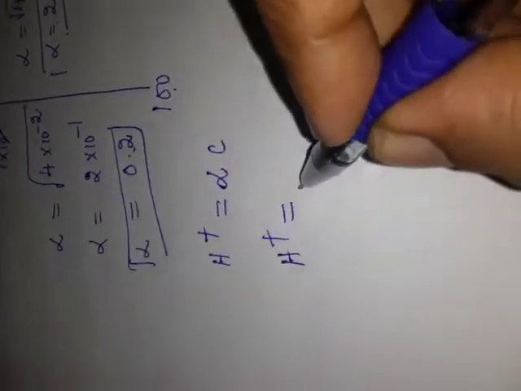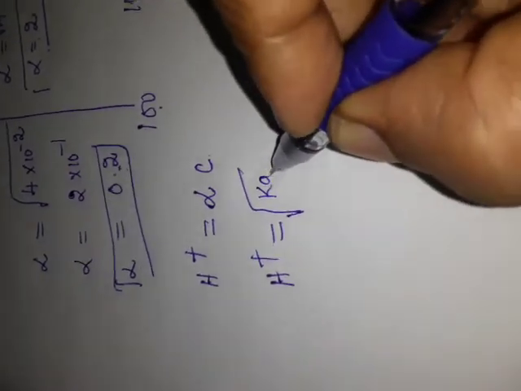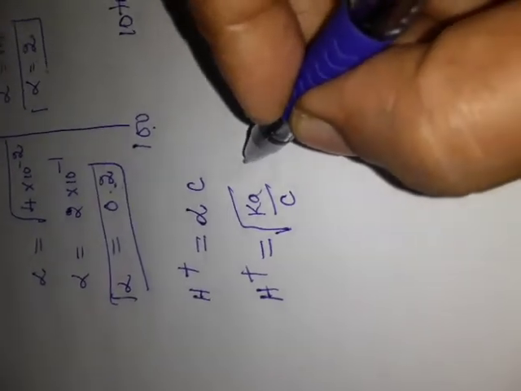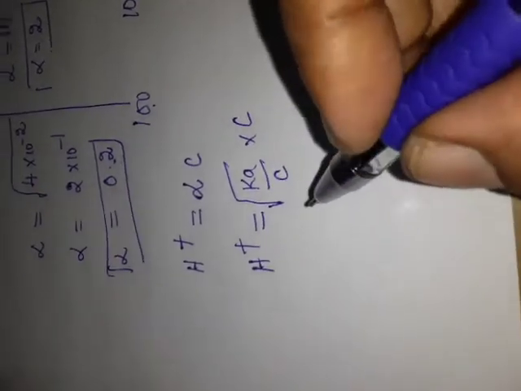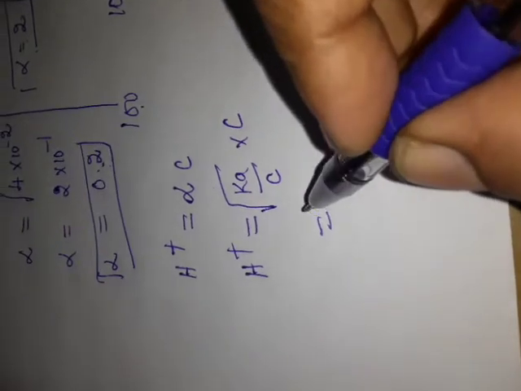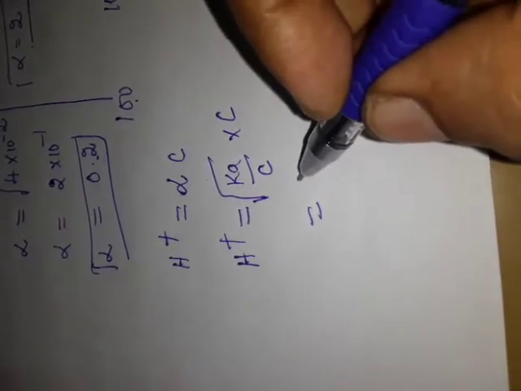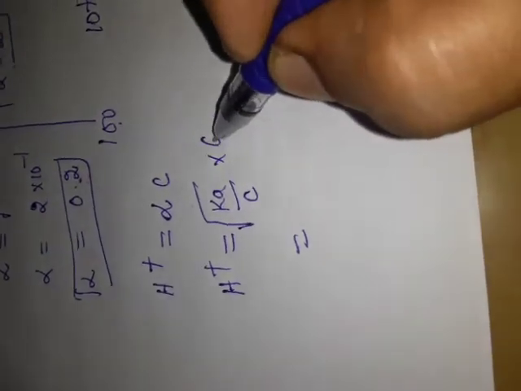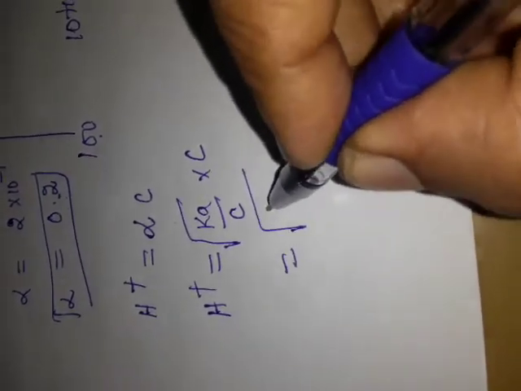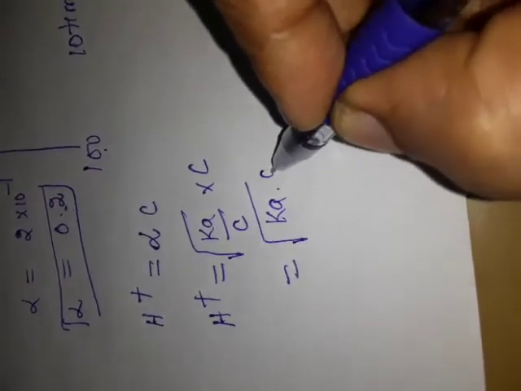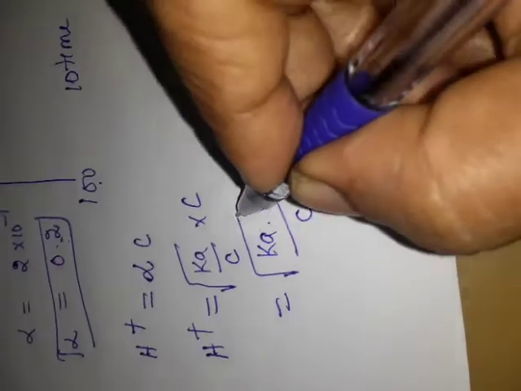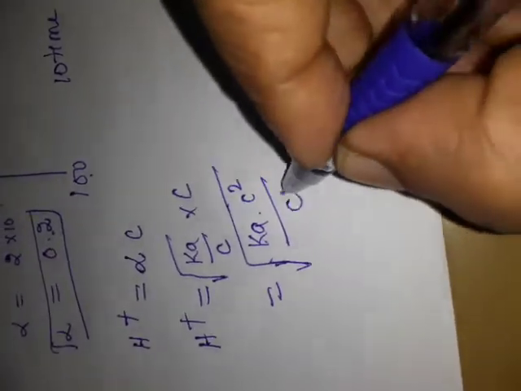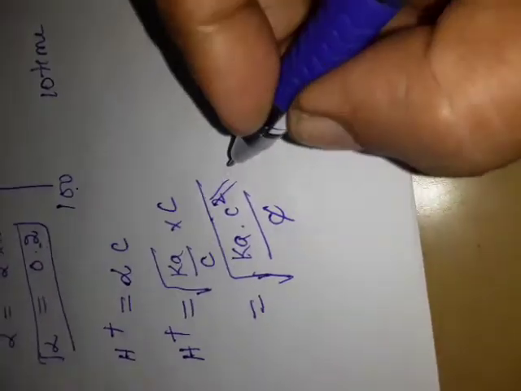Therefore the H+ concentration is equal to the square root of Ka by C into C. Now to bring this C inside, we use Ka into C square by C. This gets cancelled.